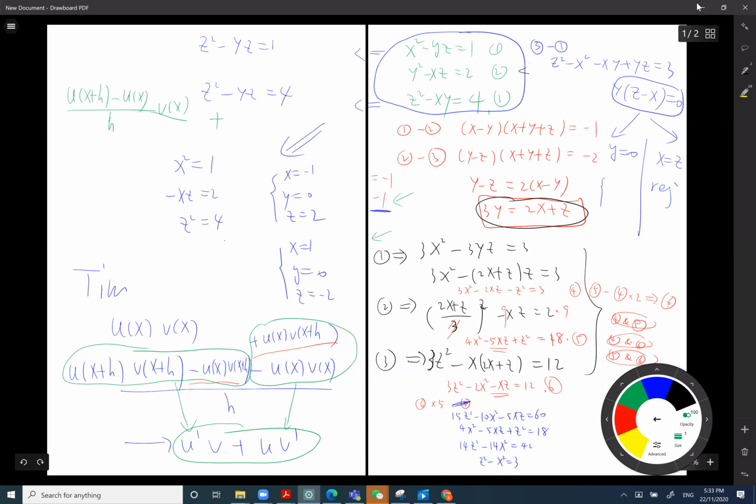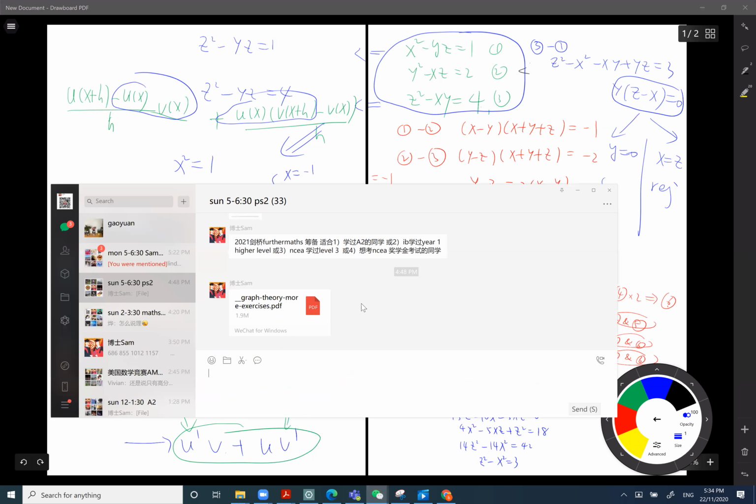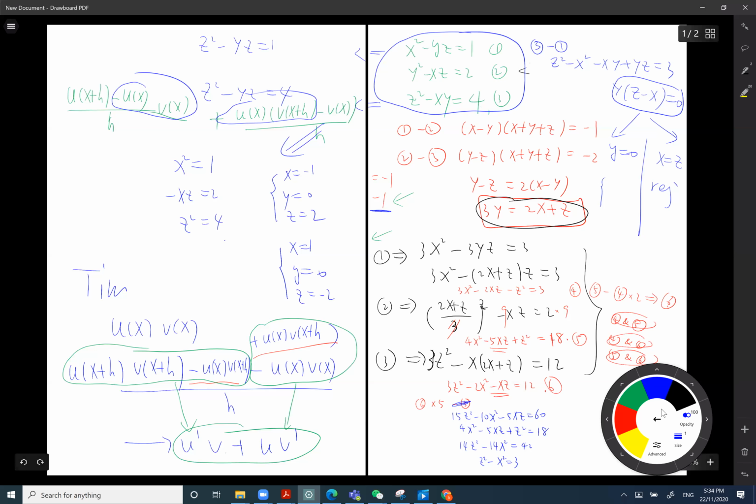And the other one is u(x) times (v(x+h) minus v(x)) over h. This part is the minus and the plus part. These two parts are the same because h is approaching 0. So for a proof, if you cannot go from left to right, you can try right to left.